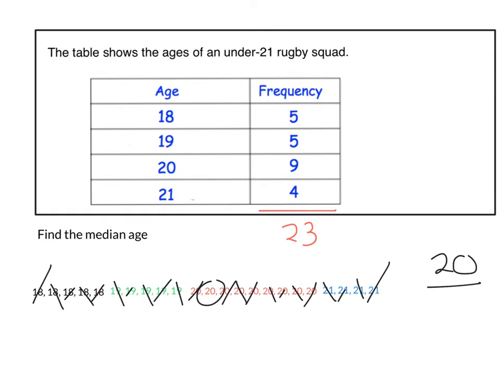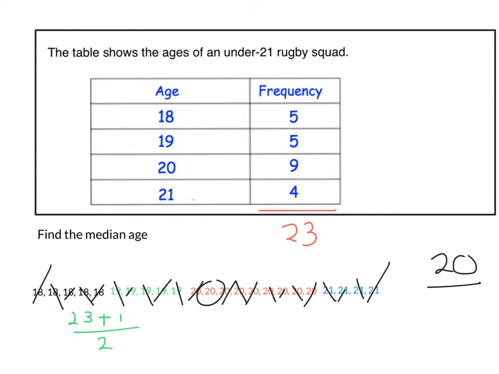Now, effectively what I'm doing each time is crossing off pairs of numbers. So you could say I'm dividing by 2, but 23 divided by 2 isn't going to get you the right answer. So what you have to do is 23 add 1 and then divide by 2.